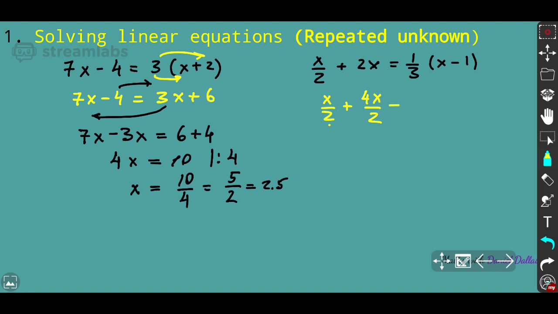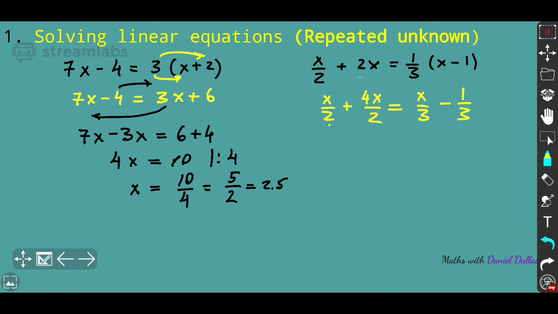Okay, so on the right side you still have 1 over 3 times x. You need to expand brackets, minus 1 over 3. But as you understand, this way is actually a bit more of a struggle because you need to work with fractions, and it's always harder than working with, let's say, integers.